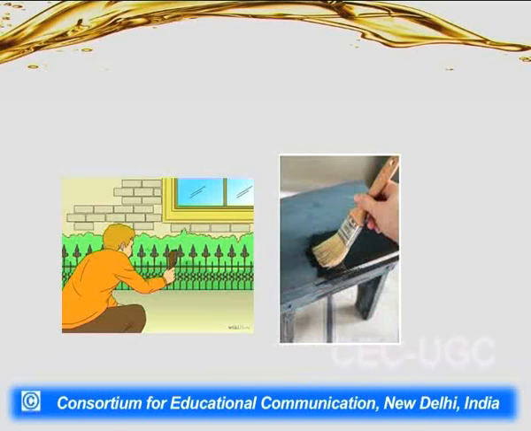You must have heard the name of oil paints. These are paints which are used to cover wood surfaces or metal surfaces. They have different colors, and they contain some oils. Now, what happens when these oils along with colors are spread over these wooden or metal surfaces? They get oxidized and then polymerized, and after polymerization they form a protective layer. It looks good, it shines, and it also gives protection.